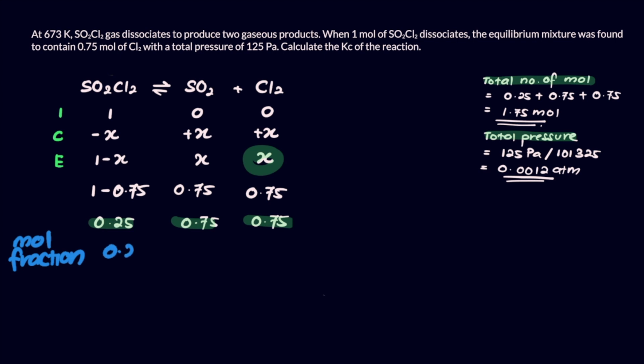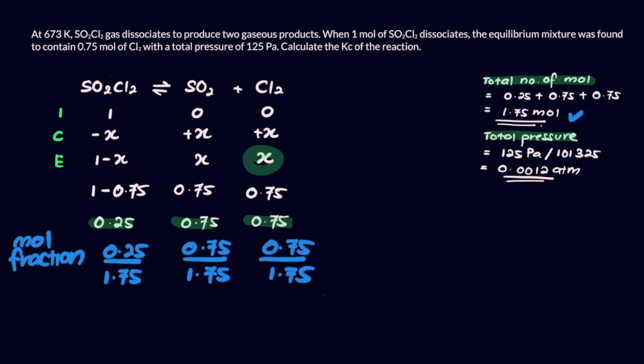For the first one it is 0.25 divided by the total number of mole, 1.75. The rest are the same, 0.75 divided by 1.75 and 0.75 divided by 1.75. From here, you know that the mole fraction is equivalent to 0.1429 and 0.4286. So this one should be the same.